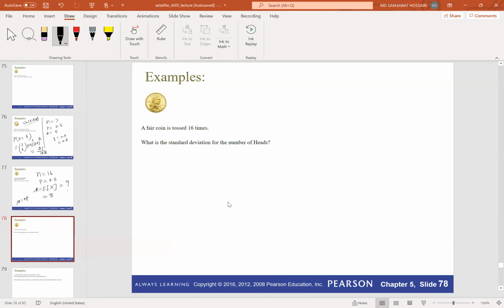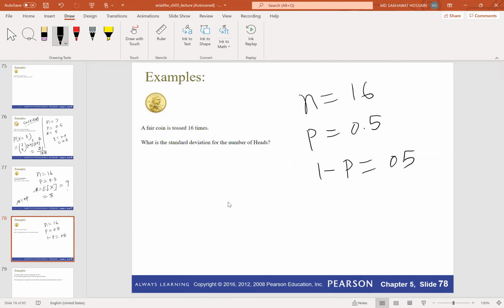Okay, so the next example is a fair coin is tossed 16 times. What is the standard deviation for the number of heads? Okay, let's find this one. So n is 16, p is 0.5, and 1 minus p is also 0.5, or you can say q is also 0.5. So find the standard deviation, find sigma.